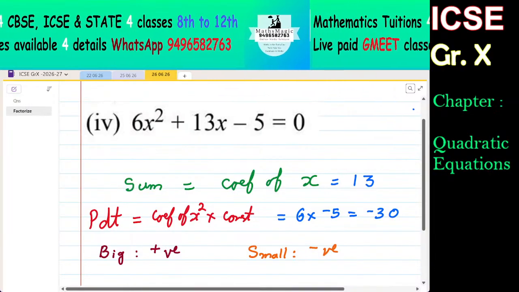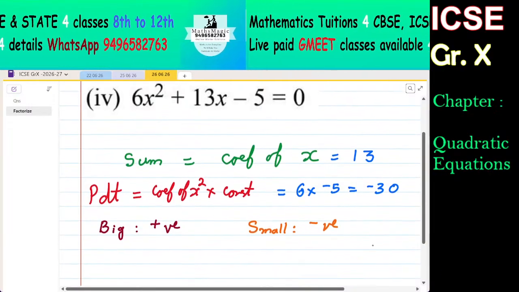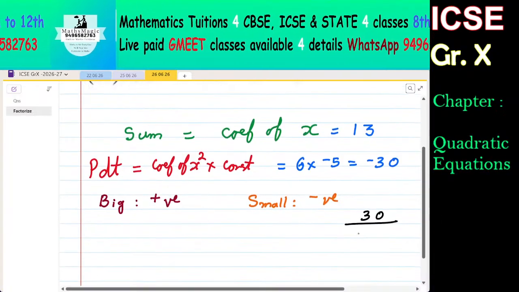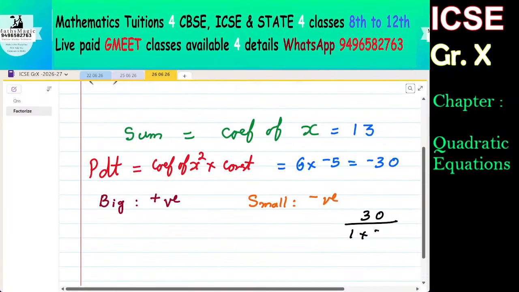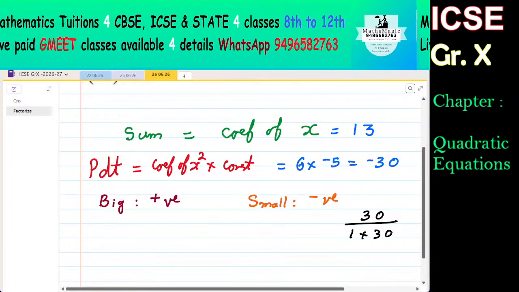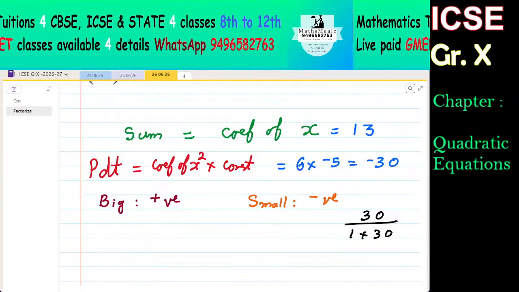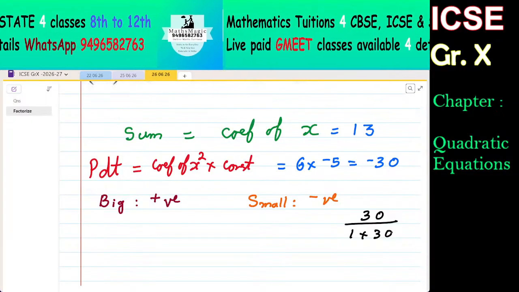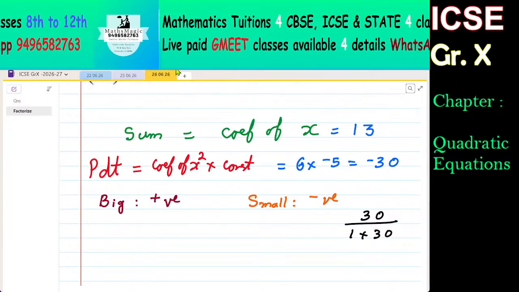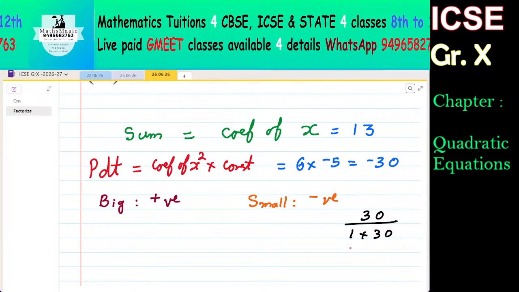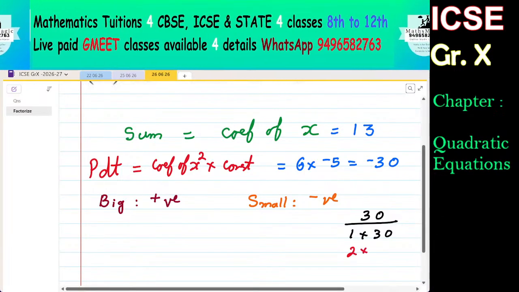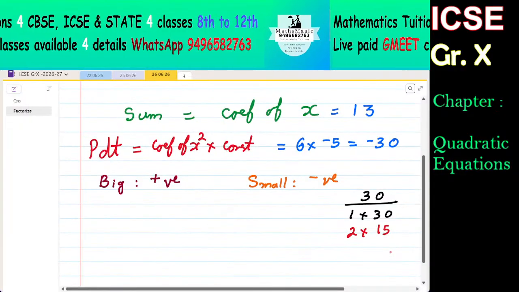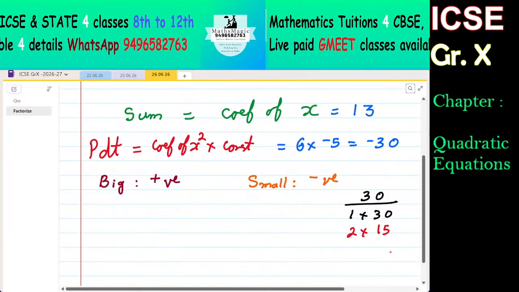Now, we will be searching down the factors of 30. We'll start with 1. 1 times 30. Both are of different signs. We have to get the difference. 30 minus 1 is 29. This won't work. Now, consider 2 times 15, we have to take the difference. 15 minus 2 is 13.